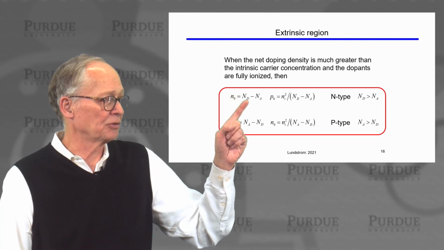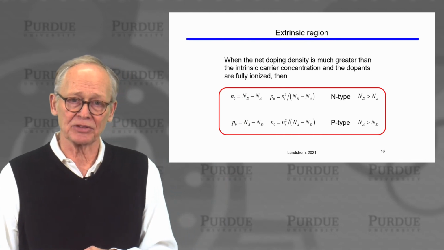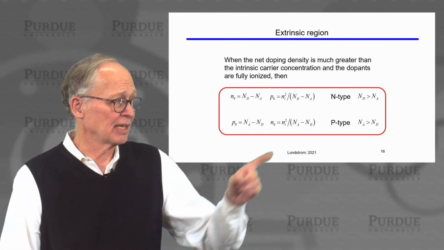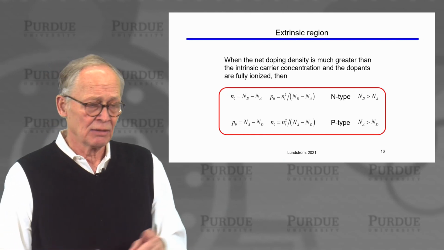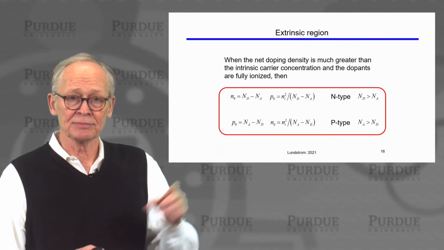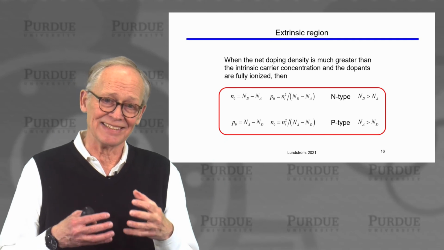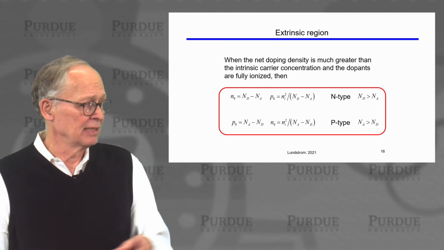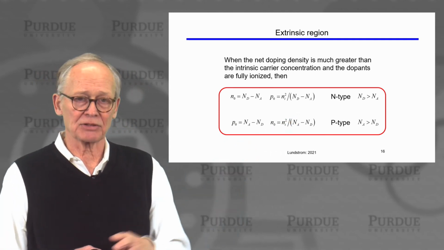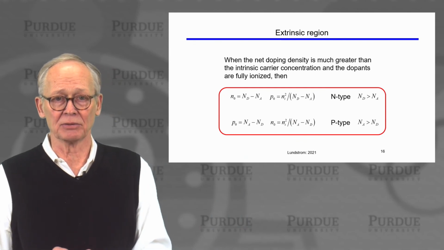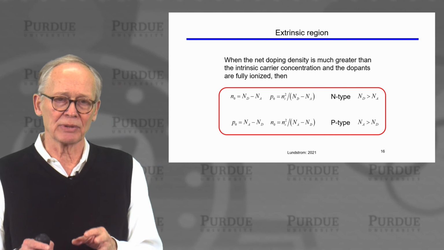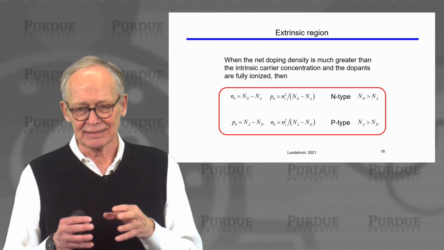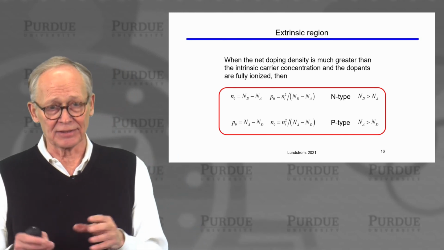The electron concentration is equal to the net donor density in an n-type material, and then we get the hole concentration from np = ni squared. Or if we have a p-type material, the hole concentration is equal to the net acceptor concentration, and the small electron density is determined by np = ni squared. This is the region that we are most often operating in with widely used semiconductors like silicon.